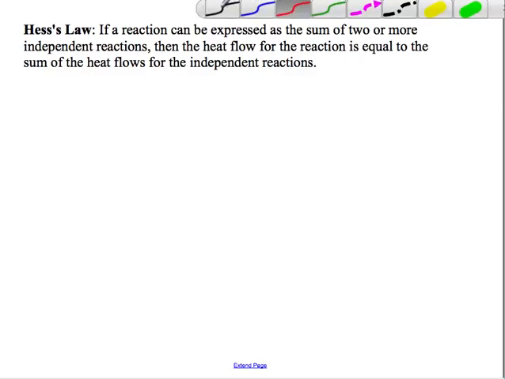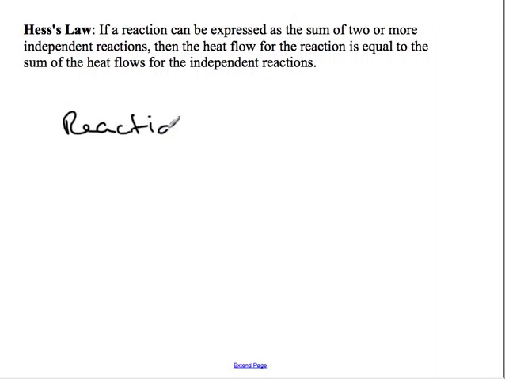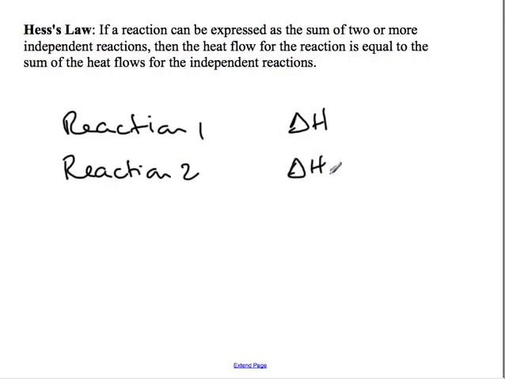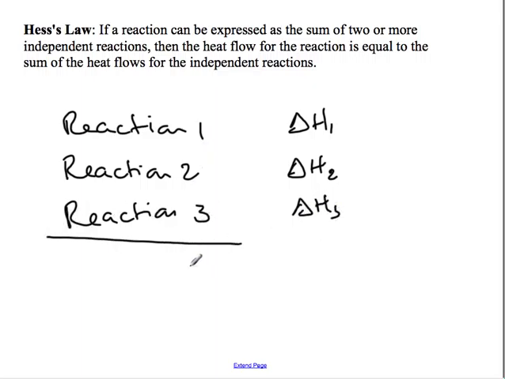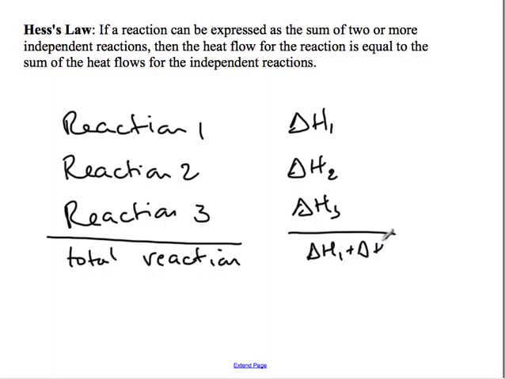So if you have reaction 1, and reaction 1 has a certain delta H associated with it, and then there's another reaction, reaction 2, with a delta H, and there's another reaction, reaction 3, and of course these reactions are related, and it has a delta H of 3, meaning if we add all these reactions together, the total of the reaction, we're going to do the same thing for the delta H. So this is nothing more than delta H of 1 plus delta H of 2 plus delta H of 3.